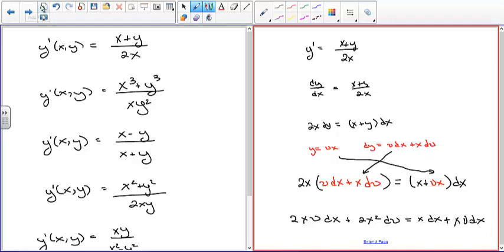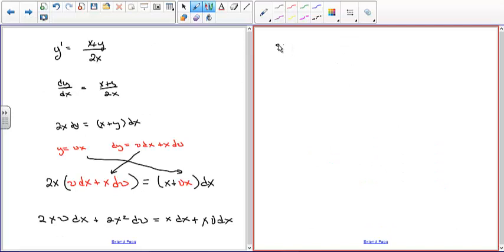Okay. Now, a lot of times you can do some simplification. So once you've multiplied everything out, you see if you can combine terms that have the same expressions. In this case, I do right here. So you have 2x nu dx, and I have x nu dx. So those are like terms. There are a lot of parts to it, but they are like terms.